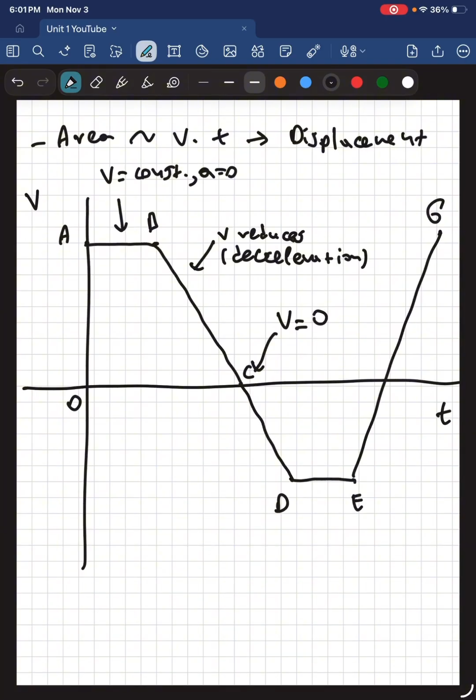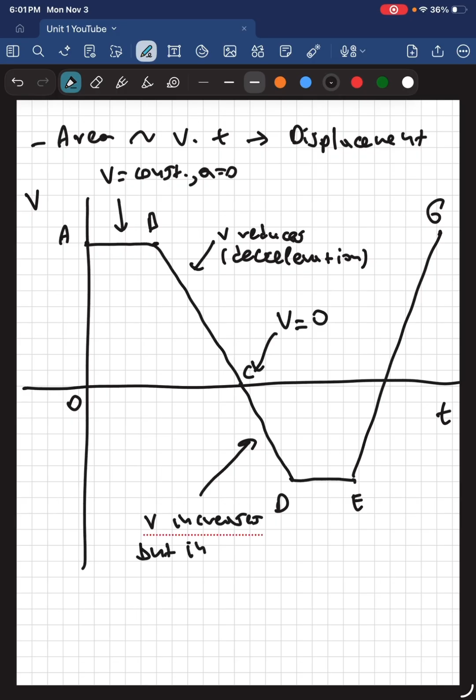But then what's going on? So now V increases, but in the opposite direction, okay? So despite the graph having a negative slope here, it appears as if this is a deceleration motion, but what is really going on is that the object is accelerating in the opposite direction, okay? So from C to D, V increases, but in the opposite direction.